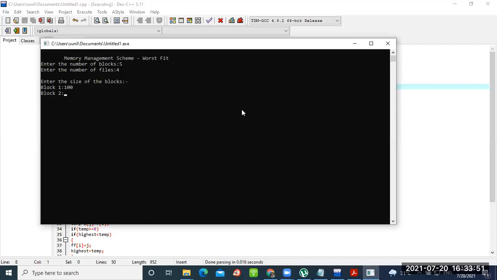Yeah. So it is visible now? Yes, sir. Second block size? 500. Next? 200. Next? 300. Next? 600.